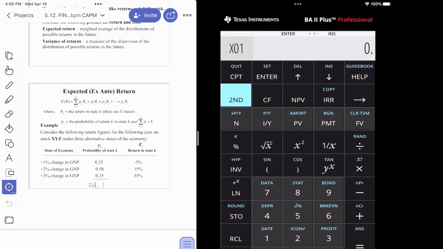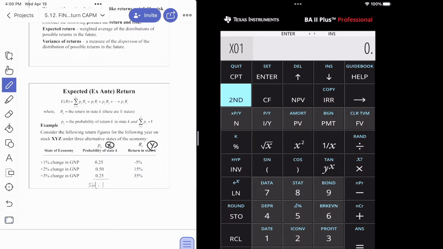Okay, so let's put in as X, I'm going to enter P, the probability as X and the return as Y. And then I can find my results in the stat, and I'll show you how.